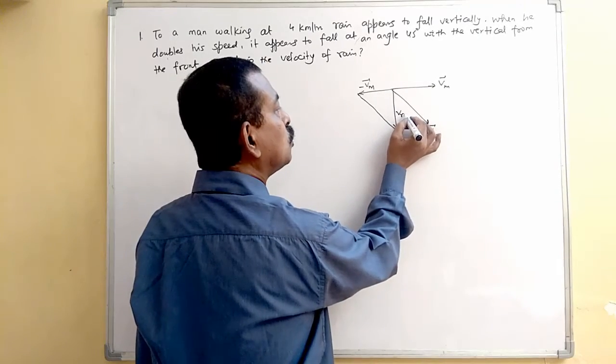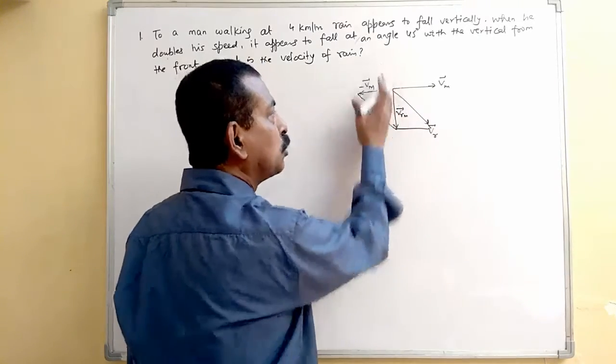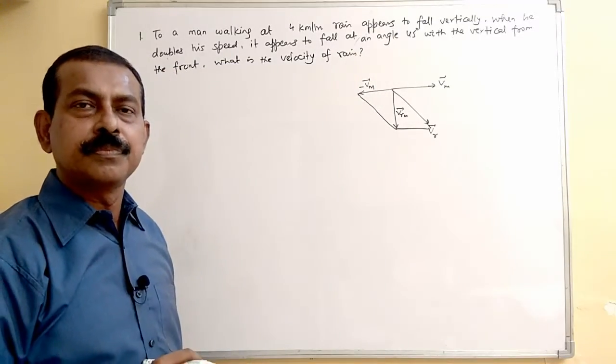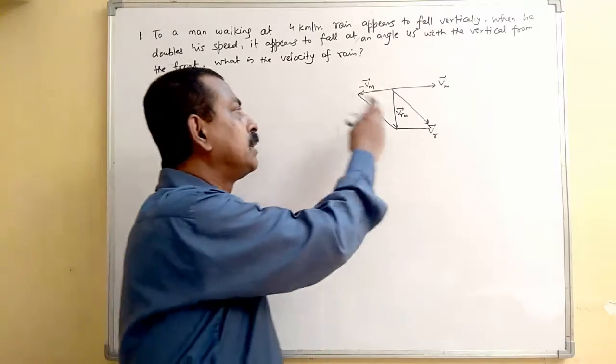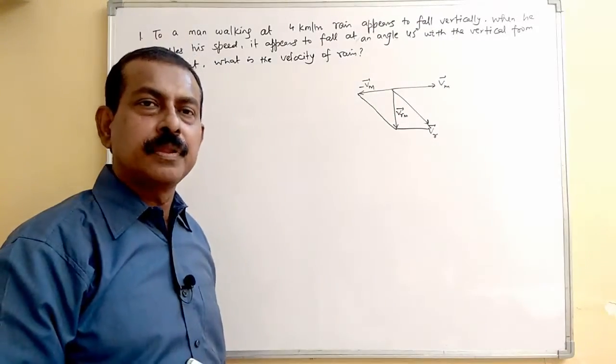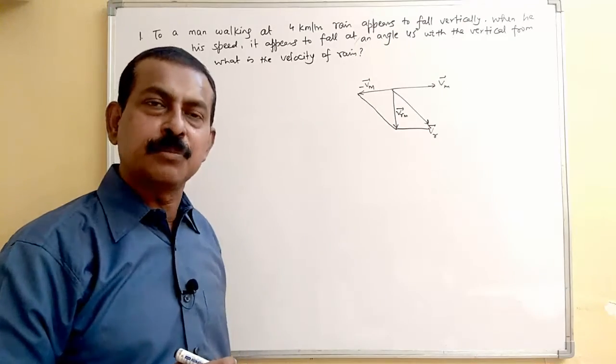So this is your relative velocity of rain with respect to man direction. And it is given that it appears to fall vertically. So by drawing the diagram and attempting with the given data, you can solve it. But let's try it by the vector method.